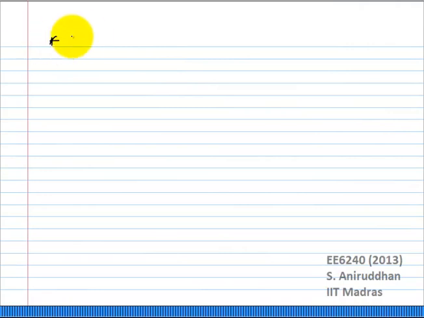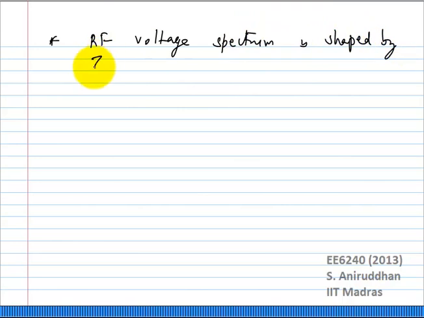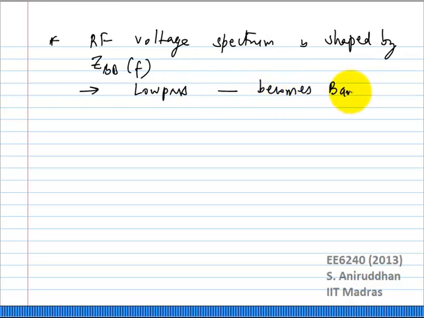So your RF voltage spectrum is shaped by ZBB of f, and the low pass becomes a band pass filter at RF.